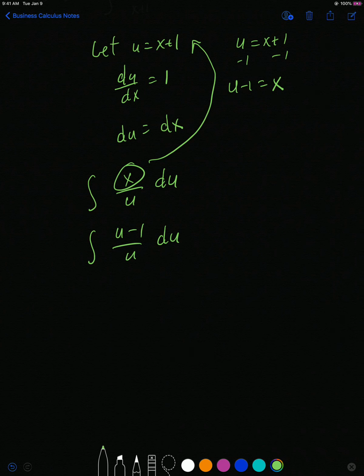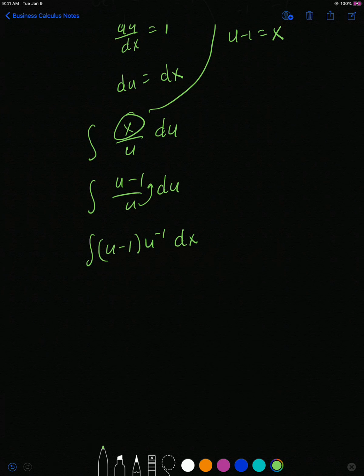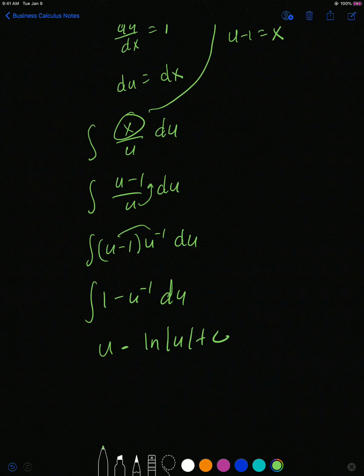Which is the same thing as the integral of u minus 1 times u to the negative 1 du when I move the u up. Distributing, that's the integral of 1 minus u to the negative 1 du, which is u minus ln absolute value of u plus c.